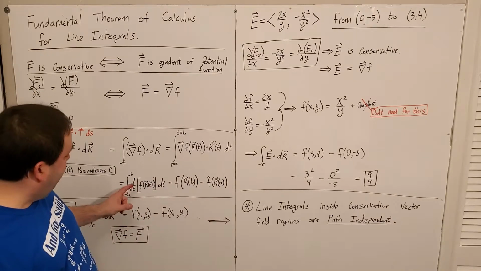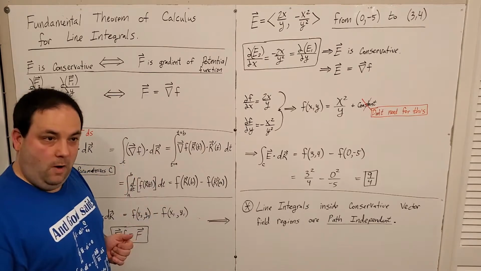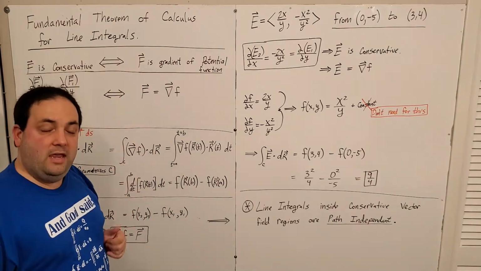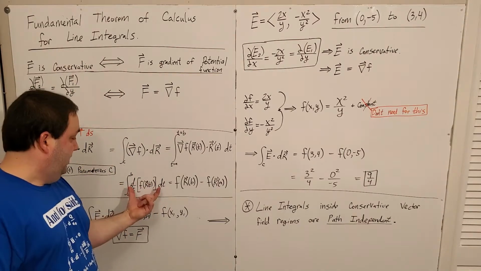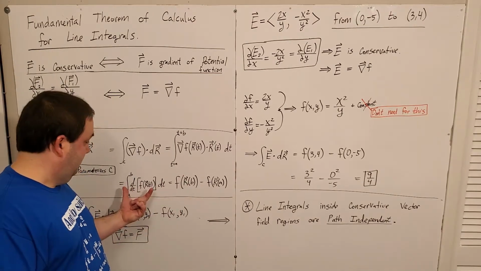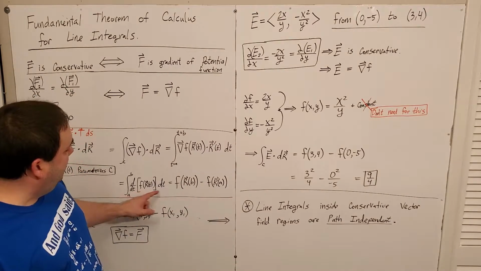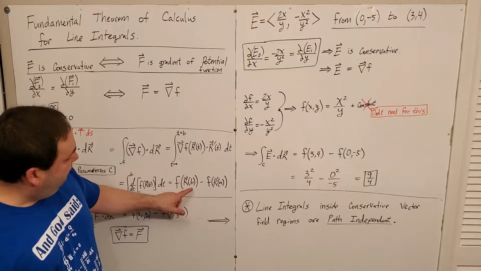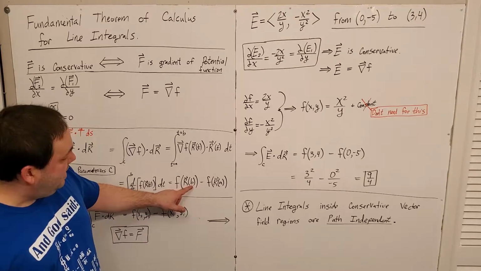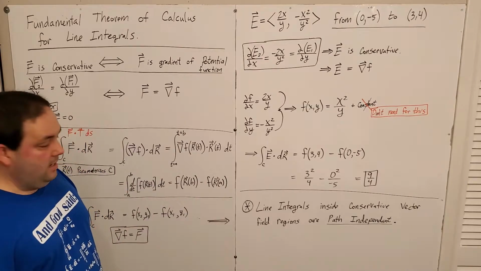So what I really get is the fundamental theorem of calculus, right? F of b minus F of a from Calc 1. This is now a definite integral, okay? And it works in the same fashion. So what I really got is the function from when t is b minus the function from when t is a, right?